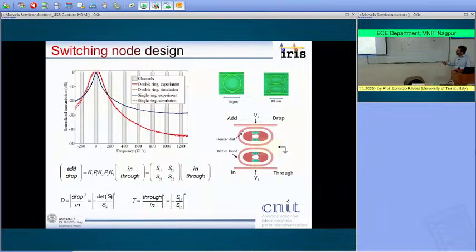So now the idea is to have a light that is coming here, is coupled to this microring resonator, is coupled to this other microring resonator, and is exiting there. Okay? So we can implement the same add drop function, using two ring resonators instead of one. What is the outcome of using two ring resonators?